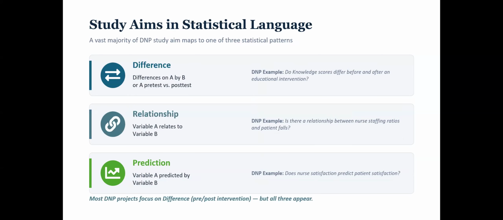Talk about statistical language. Things can be really bucketed into differences, relationships, and prediction. Differences: are there differences on knowledge scores before or after some intervention? That's a very common DNP kind of question. Relationships: is there a relationship between staffing ratios and number of falls?